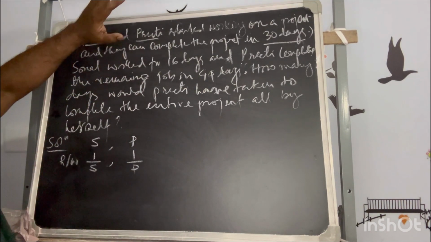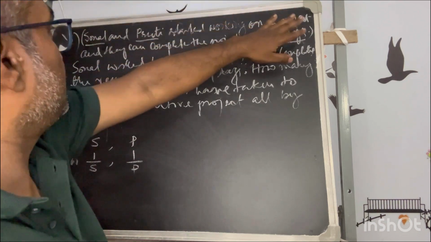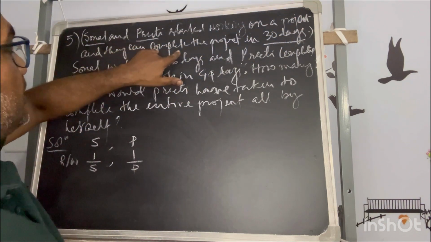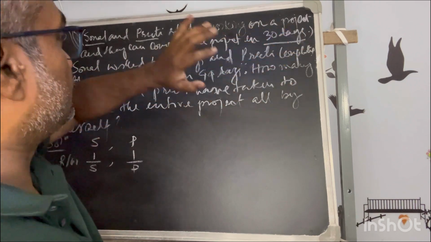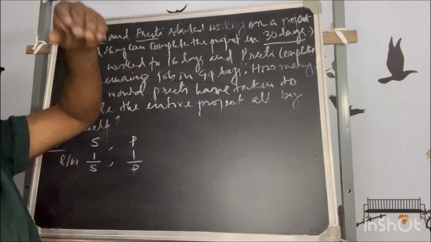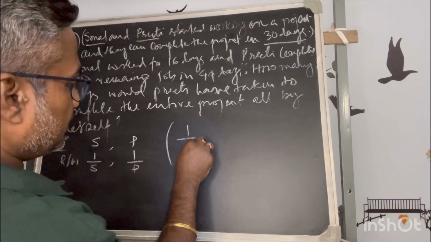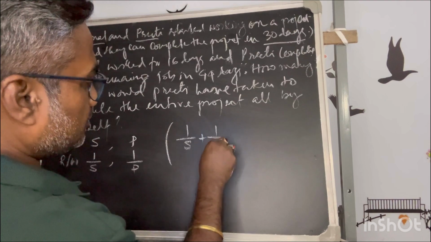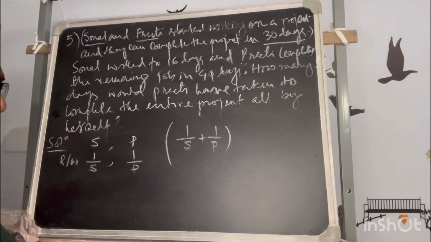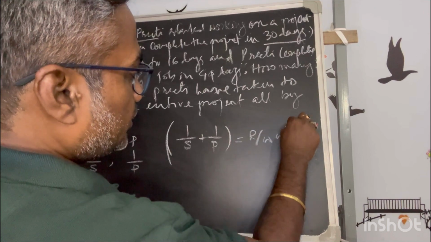Now the first part: Sonal and Preeti started the work on a project and they can complete the project in 30 days. What does it mean? That means they both work together. So what do they do in a day? 1 by S plus 1 by P. That is their rate of work while working together.